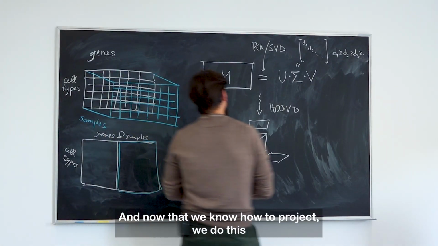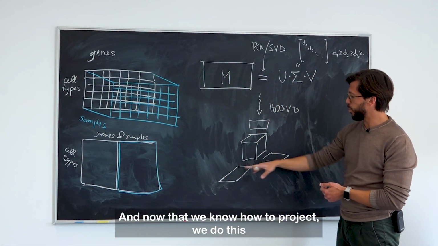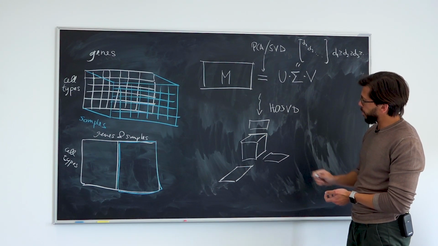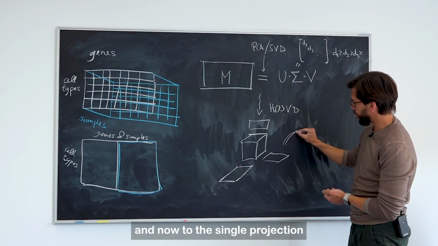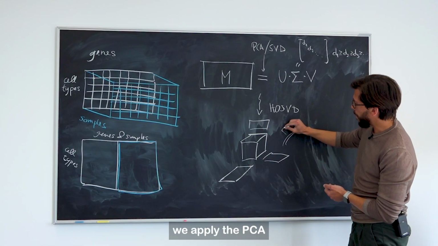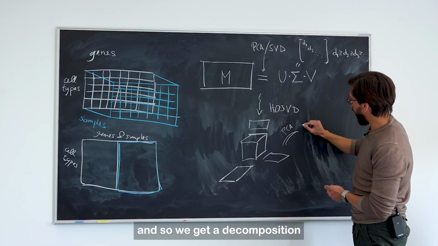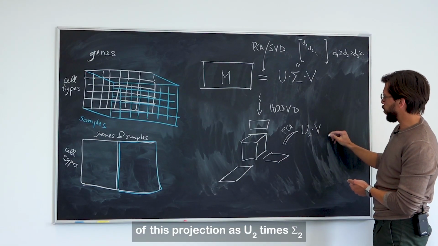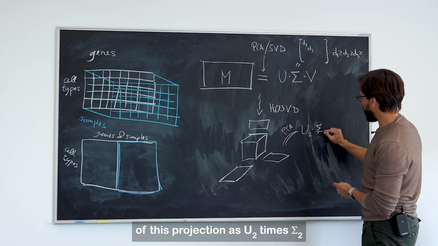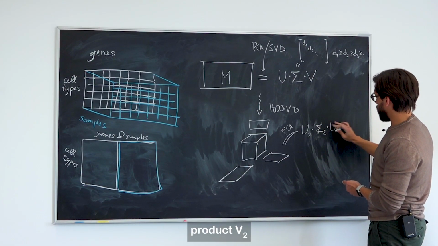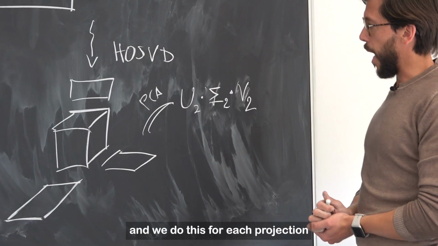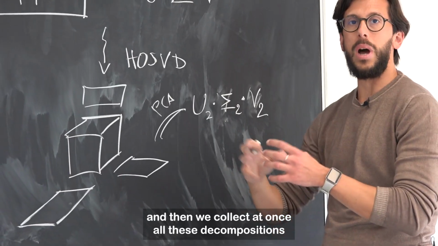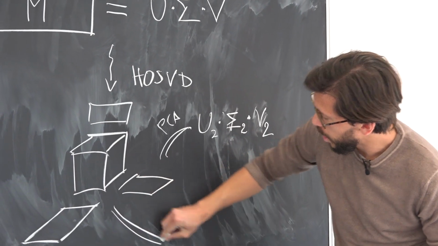And now that we know how to project, we do this with respect to each parameter, to each dimension, and to each single projection we apply the PCA, and so we get a decomposition of this projection as U2 times sigma 2 times V2, and we do this for each projection, and then we collect at once all this decomposition.